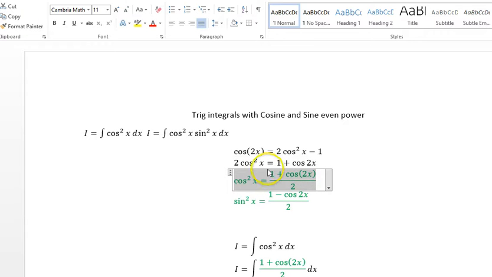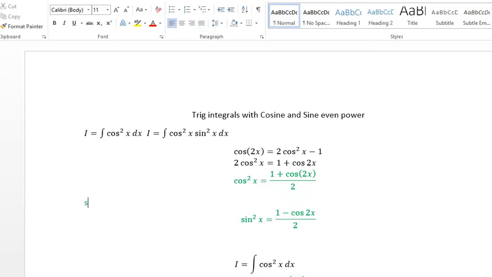There is a similar formula for cosine 2x in terms of sine. Cosine 2x is equal to 1 minus 2 sine squared x. Let me write it down here.